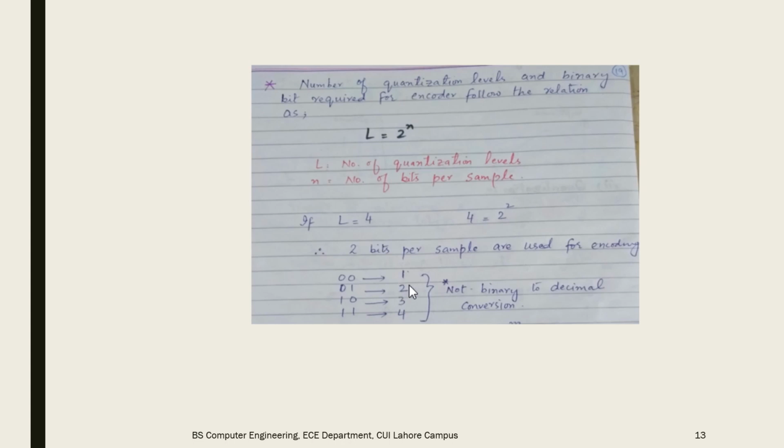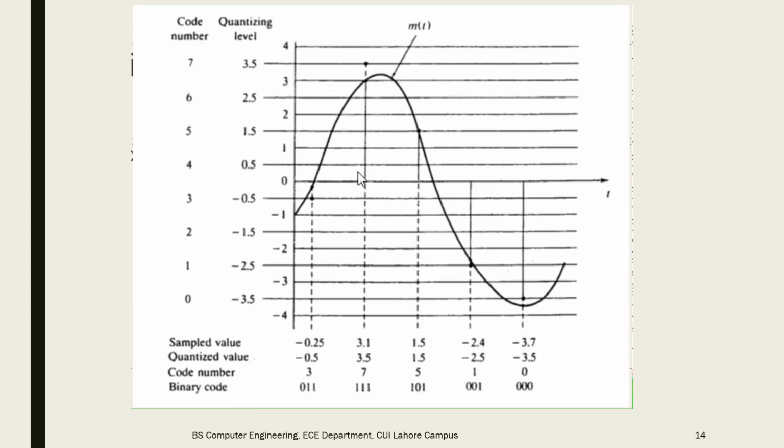If our sample is at level 2, 01 will be assigned. At level 3, 10, and at the fourth level, 11 will be assigned. So this is not binary to decimal conversion, but in this way we will be assigning different binary codes to our levels. So let's start with this example.